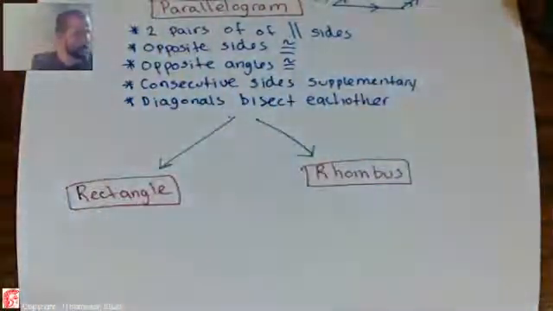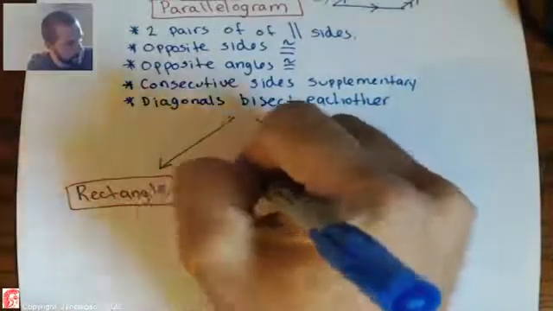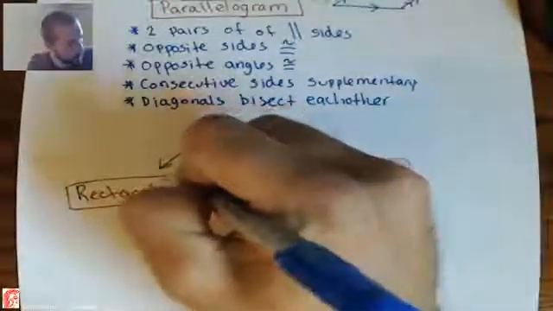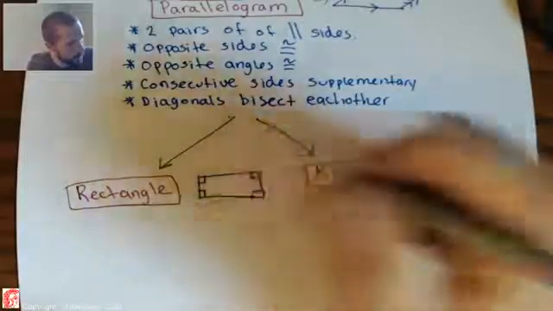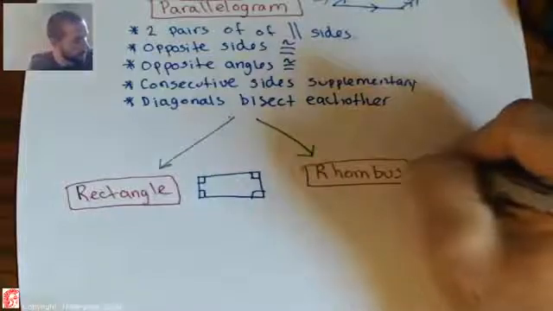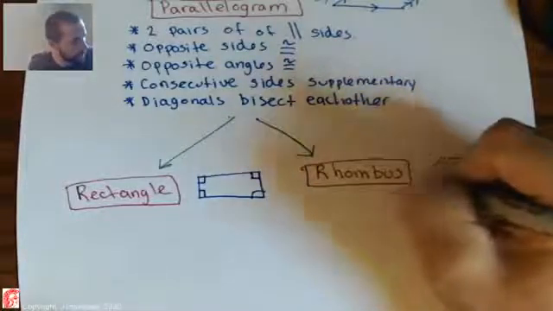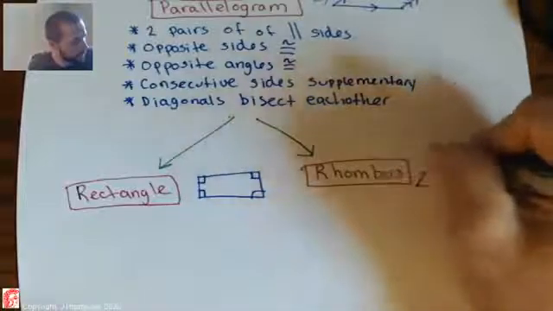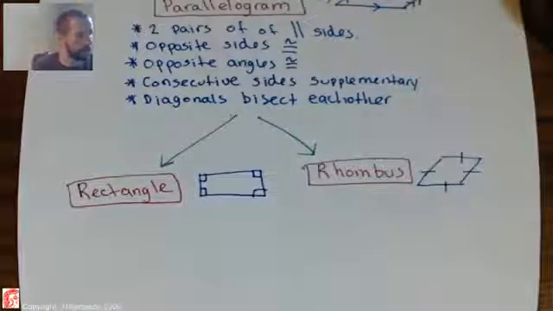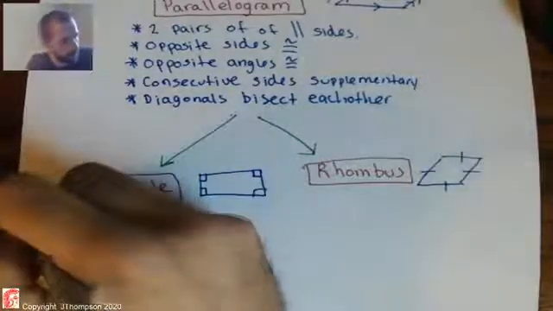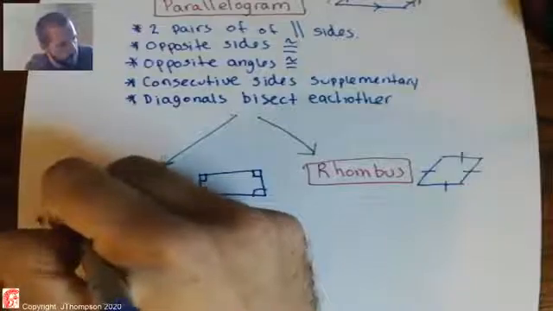Okay, so a rectangle, as we said, looks something like this. And then a rhombus, we said, looks something like this. Okay, so I'll put the definitions down for both. The definition of a rectangle is that it has 4 right angles.